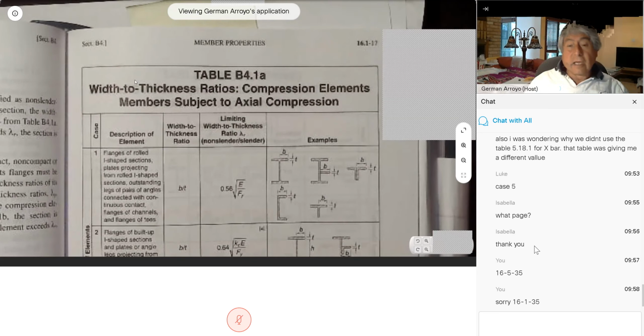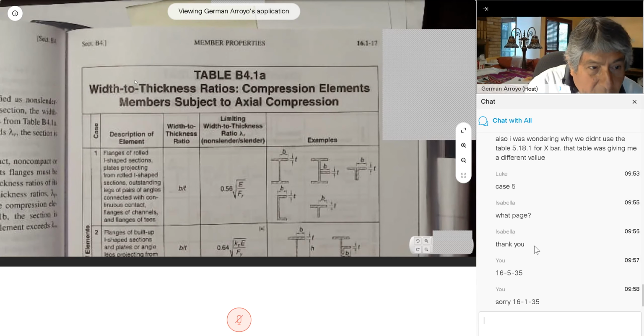This local buckling is for the flanges and the web. And it gives you the width to thickness ratio. And this is for compression.